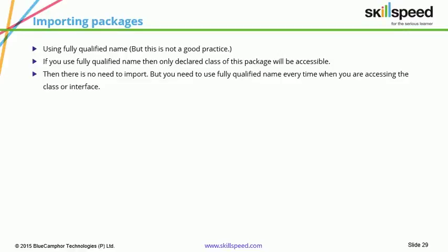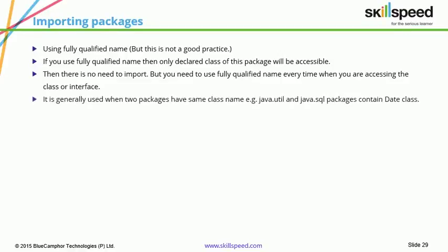We will usually use the fully qualified name when two packages have the same class name. For example, the java.util and java.sql packages both contain a Date class with the same name. So when we use the Date class, we will write something like this.